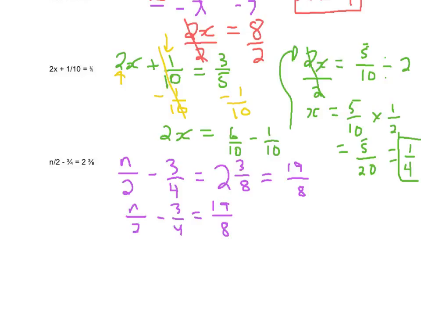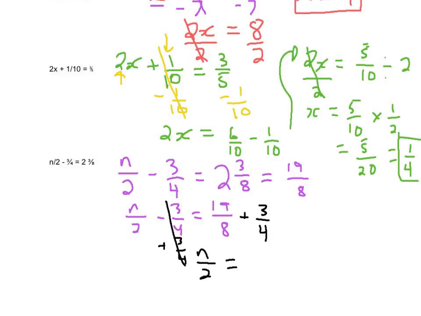The variable n is being divided by 2, and also there's a subtraction of 3/4. Again, reverse order of operations means we deal with the subtraction first. We're going to add 3/4 to each side. That cancels. So we add 3/4 over here. Same as what we did before, we've got to find a common denominator.